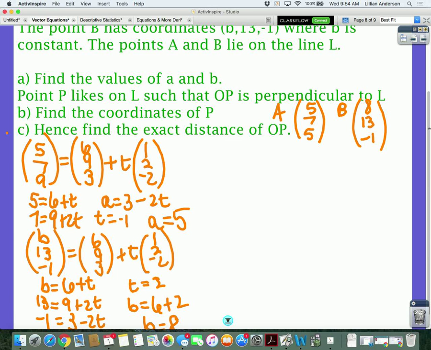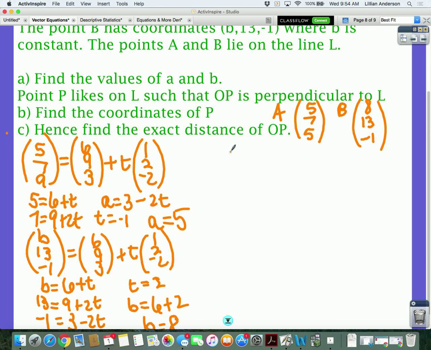Now, we have two particular points on L. We have this already. That's what we found in part A, okay? Now, it would be better to use the fact that we know these 2 points for L to do the dot product with OP, okay? P is on L, okay?